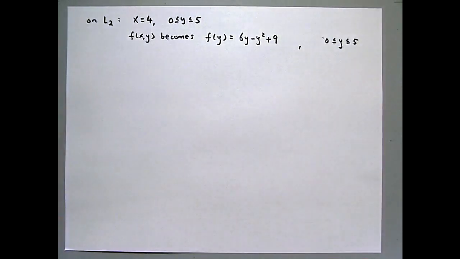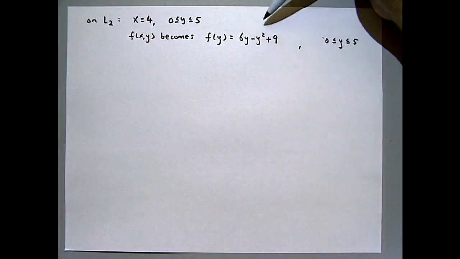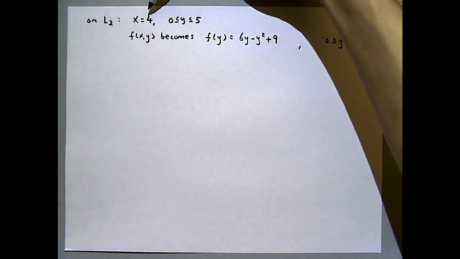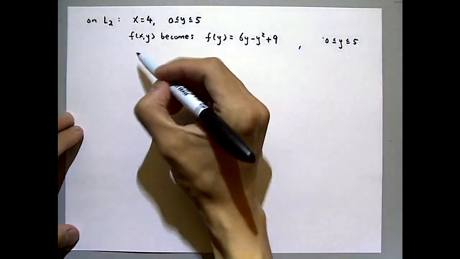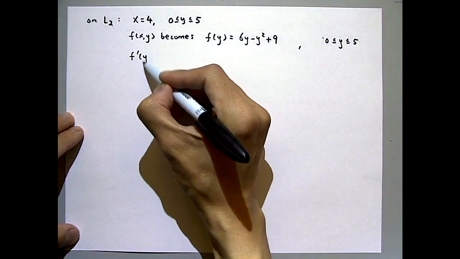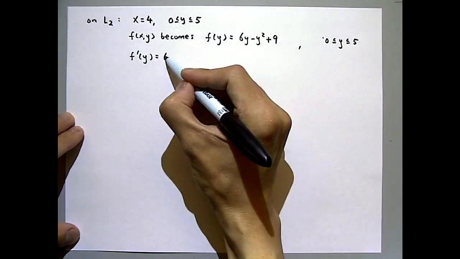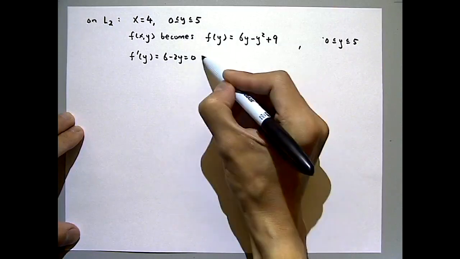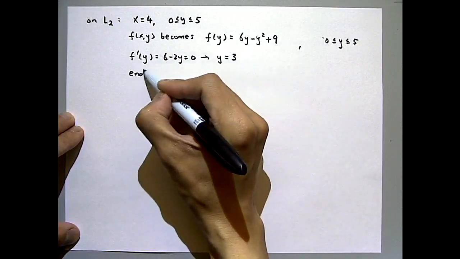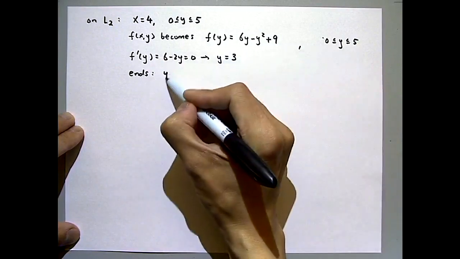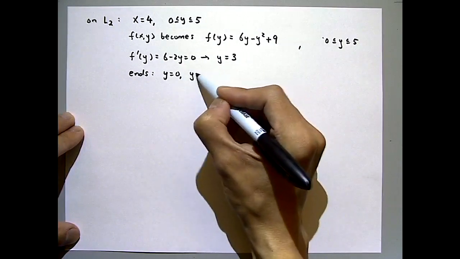Our 2-variable function reduces to 6y minus y squared plus 9, because x is 4 and y is now allowed to vary. And now we do the 1-variable problem one more time on L2. We find a critical point, 6 minus 2y equal to 0. This means y is equal to 3. And the ends are y equal to 0, y is equal to 5.